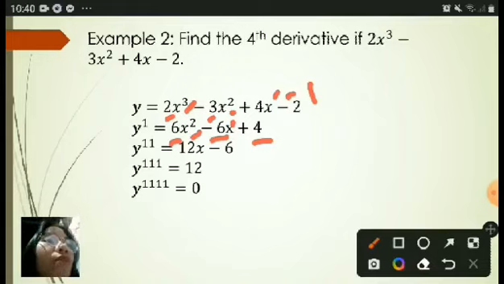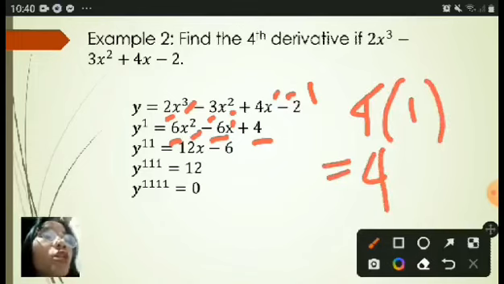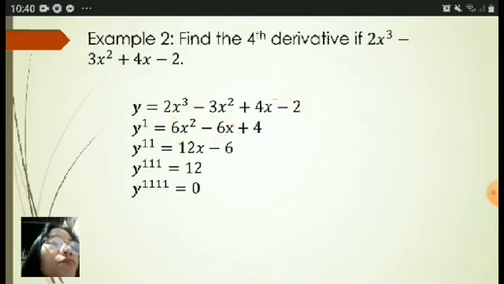So any number raised to 0 is equal to 1. So if we multiply 4 times 1, it is equal to 4. So that's why we have 4. Then the derivative of 2, which is constant, so it becomes 0.